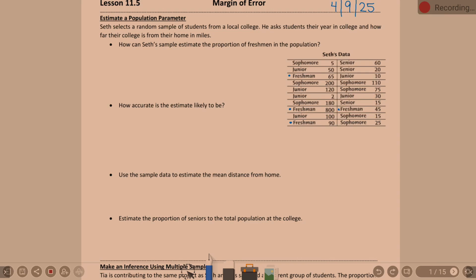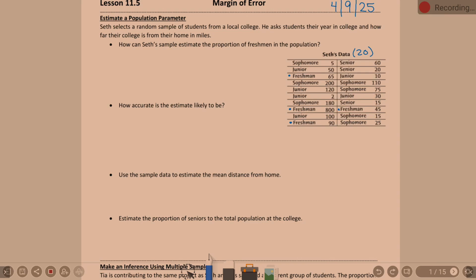I wasn't agreeing or disagreeing until I counted, because I couldn't remember for sure. Okay, 4 freshmen. What else do we know? Count up. How many people did he survey? He did survey 20. So it's going to be 4 out of 20.